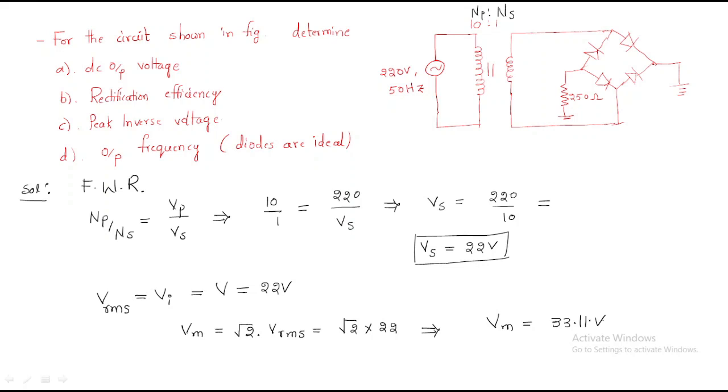The first question asks to find the DC output voltage. What is the formula in a bridge rectifier? The output DC voltage, or average voltage, is 2 Vm by pi.